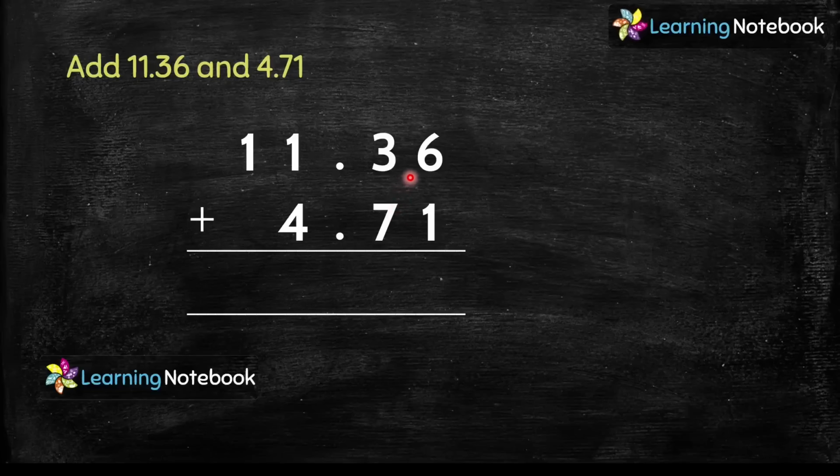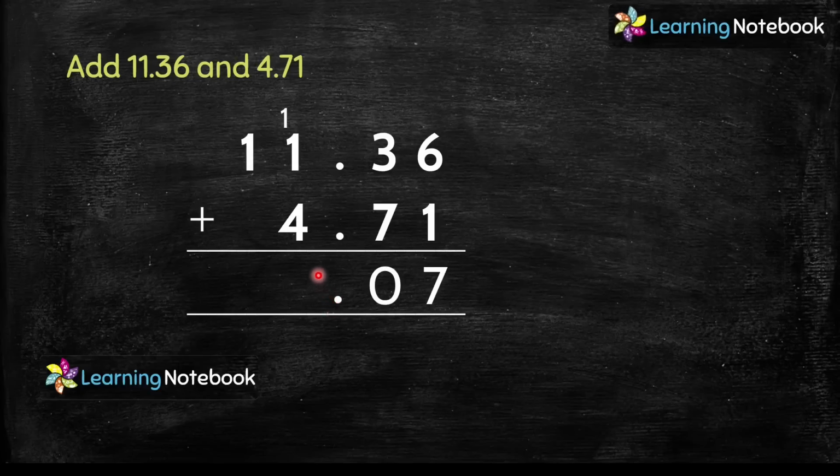Now let's move to step 3. We will add the decimal part first. So 6 plus 1 equals to 7. 3 plus 7 equals to 10. So write 0 in the answer and 1 gets carried over. Now, before adding the whole number part, put a decimal in the answer.